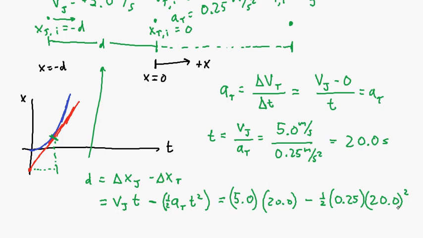Let's do this one first. 5.0 times 20.0 is 100. Okay, minus the 20.0 squared, which is 400. Divide it by 2 first to get down to 200, and then divide that by 4 is what's happening here. So minus 50.0. So d, final answer, equals 50.0 meters. And that is the problem of Jarvis and the train.